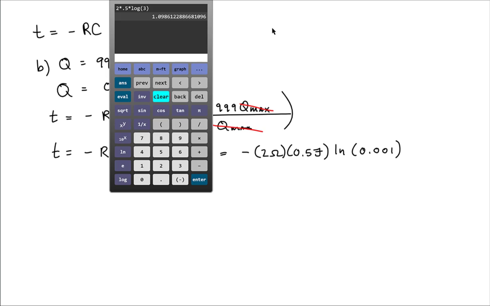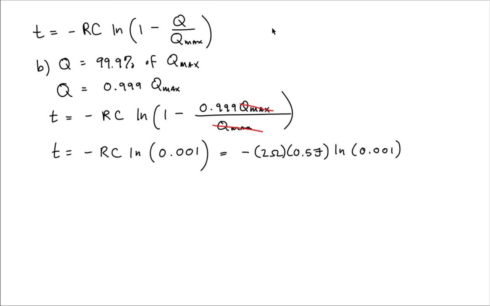Plugging this into our calculator, we get minus 2 times 0.5 times the natural log of 0.001, and to one significant figure, we get 7 seconds. So what this says is it takes 7 seconds for our capacitor to reach 99.9% of its full capacity.